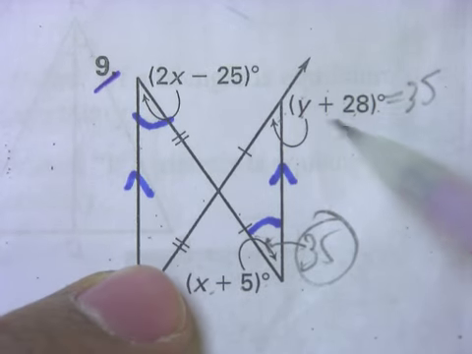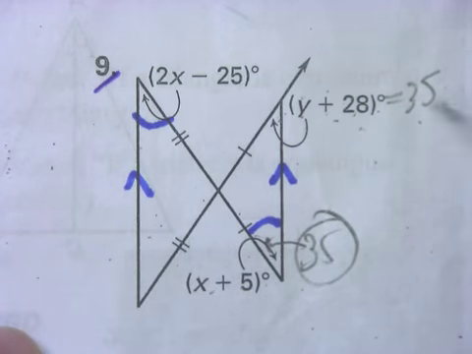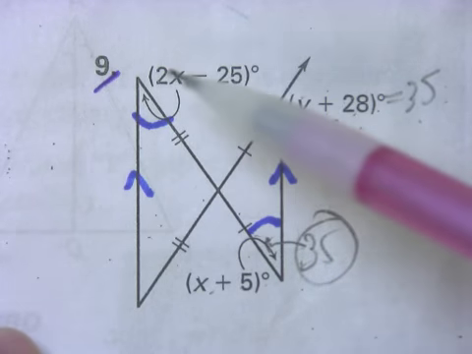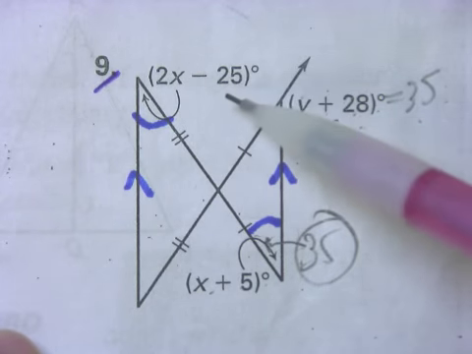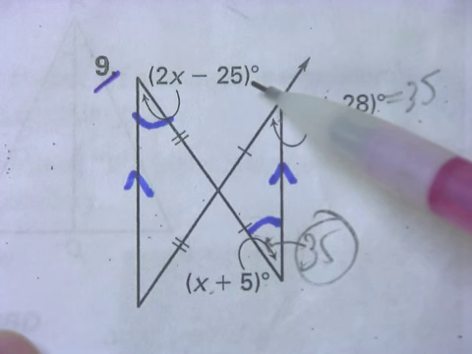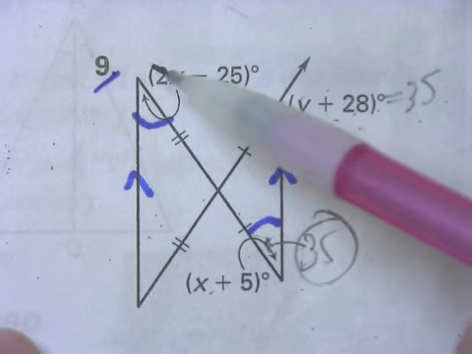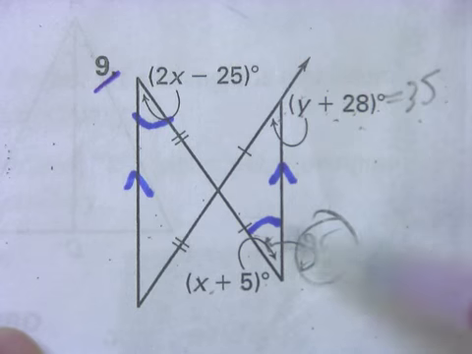And if you look here, 7 plus 28 is 35. And do I really need to figure out this angle here? Not really. They're not asking for it. But let's do it anyway.